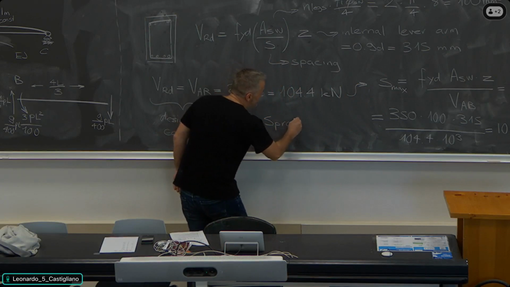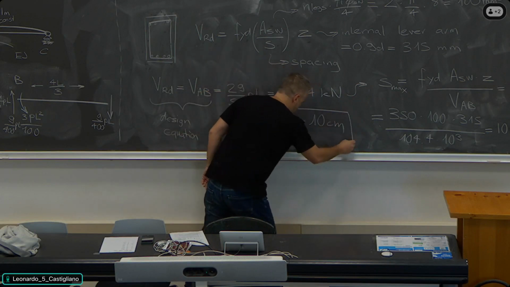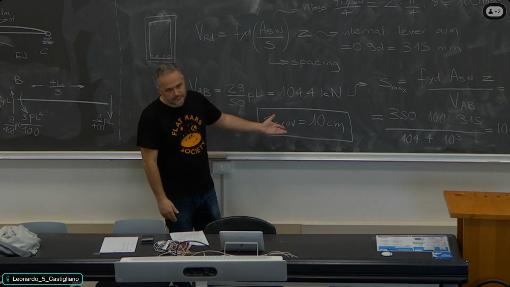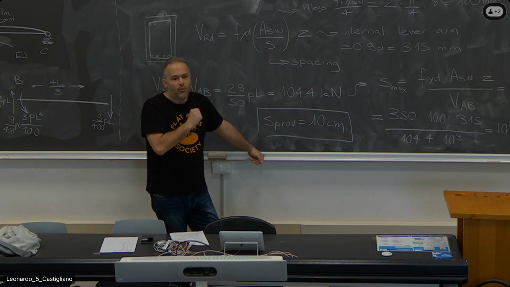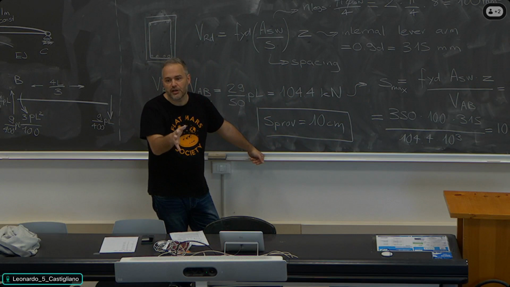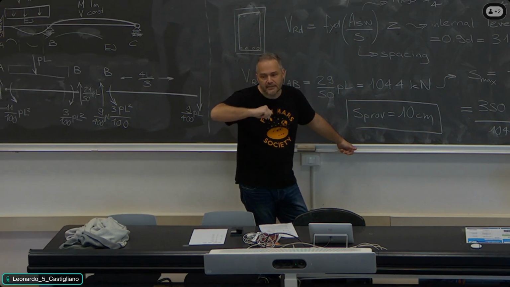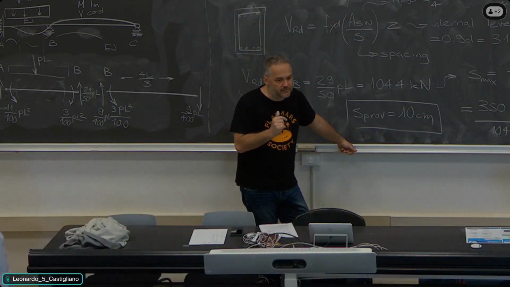The provided spacing will be equal to 10 centimeters. Okay? Again, when you round the numbers, you have to take into account what you're doing, whether you're working with steel or with concrete, and also whether the quantity you're working with affects the safety in one way or the other.